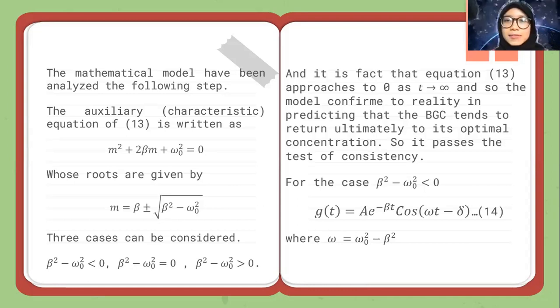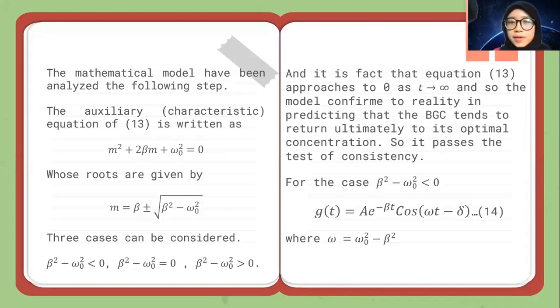And it is a fact that the solution of equation 13 approaches 0 as t goes to infinity, and so the model conforms to reality in predicting that the BGC tends to return ultimately to its optimal concentration. So it passes the test of consistency.